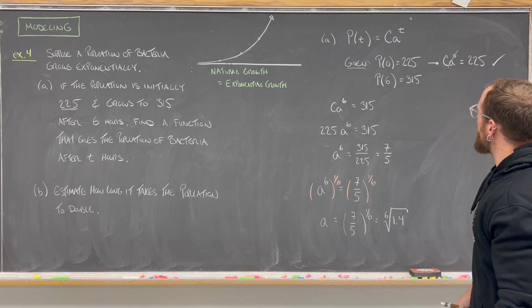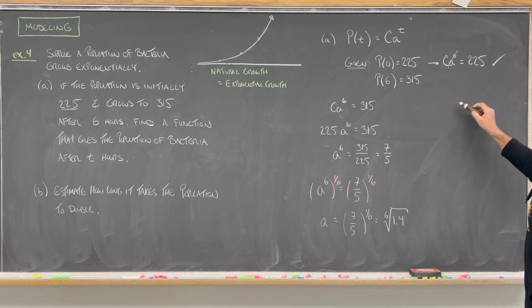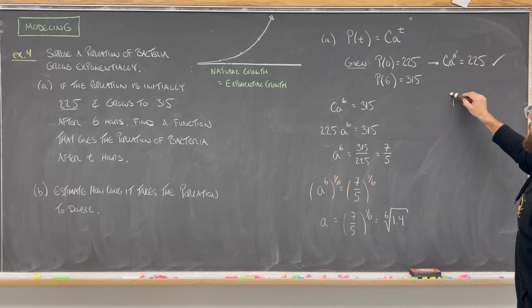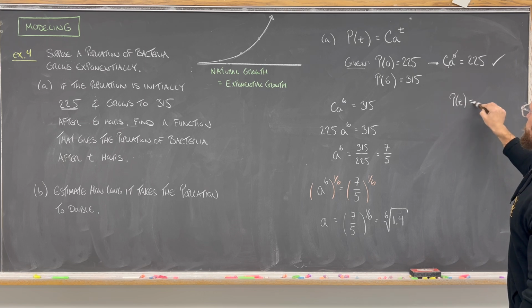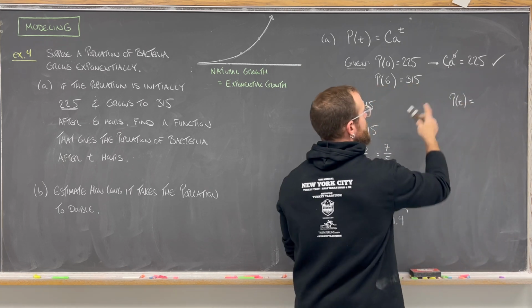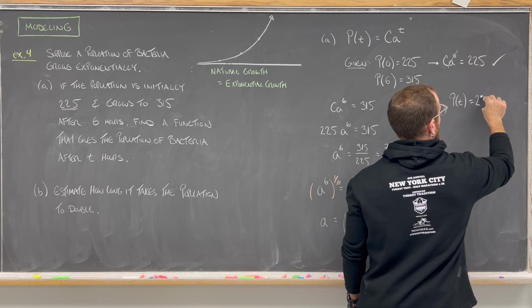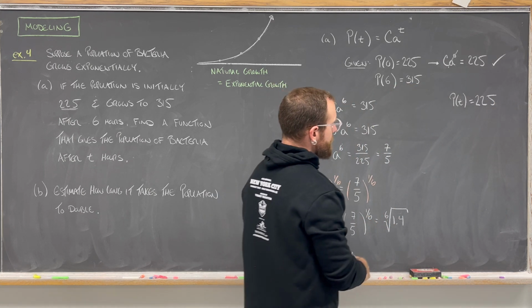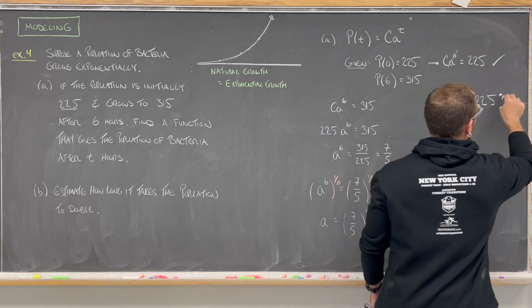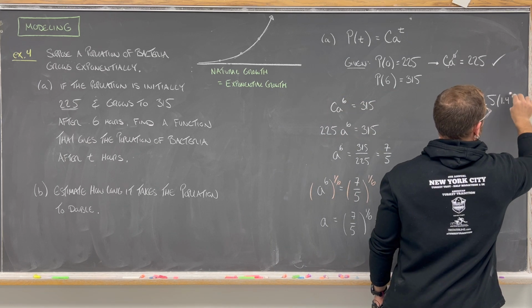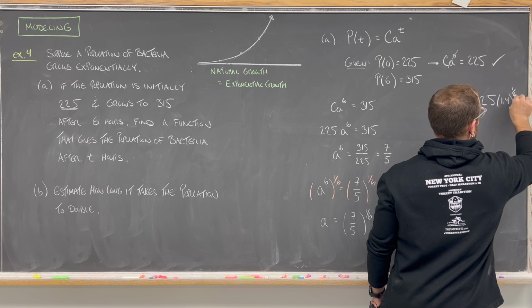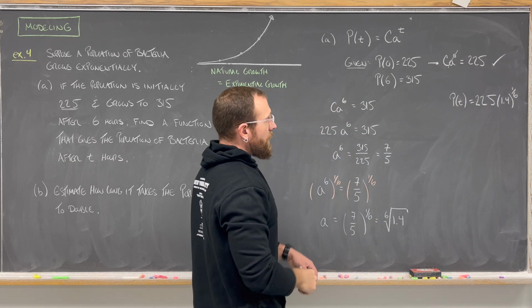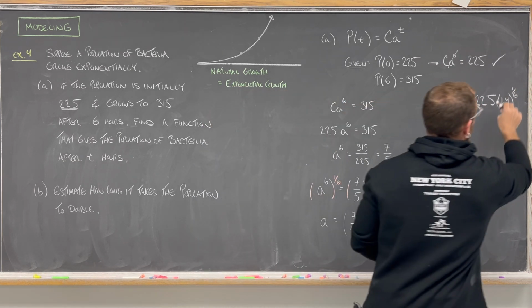So the point is that my function, P of t, is equal to C, which I know is 225, times a, let's write it as maybe 1.4 to the power 1/6. That needs to be raised to the power t.